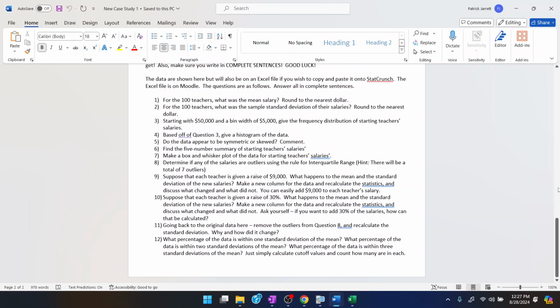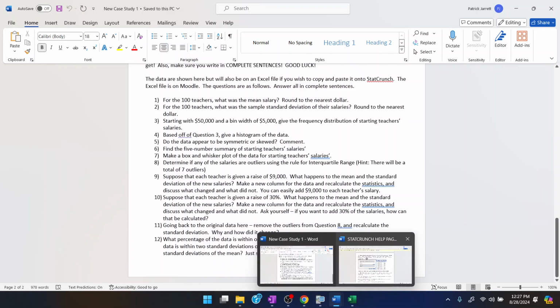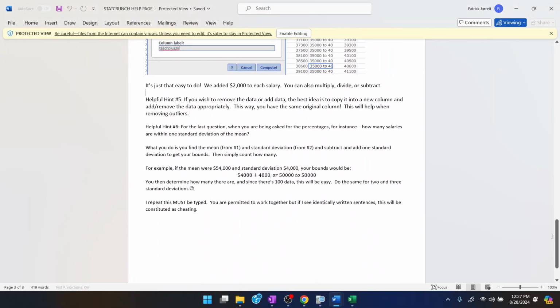And it's the same thing if you give each teacher a raise of 30%. What is the mean and standard deviation? How did it change? And for question 12, even though we don't do the empirical rule, within one standard deviation, within two, and within three, that help sheet is going to explain that.